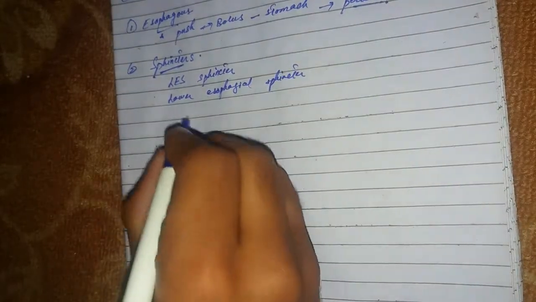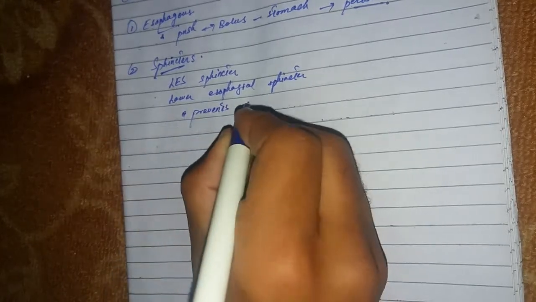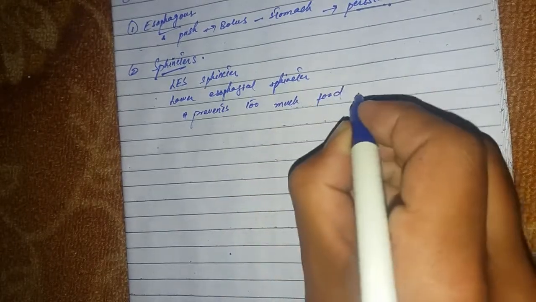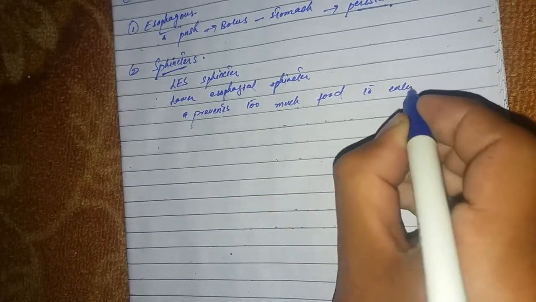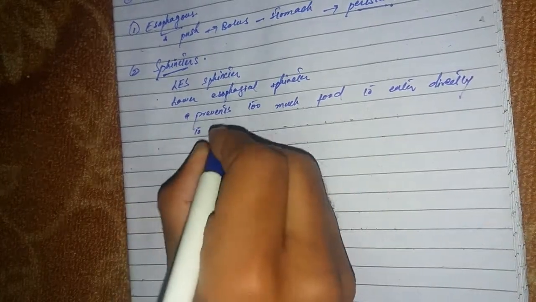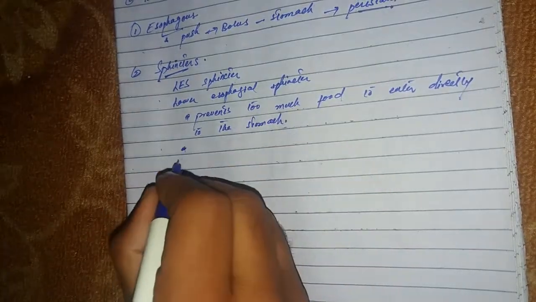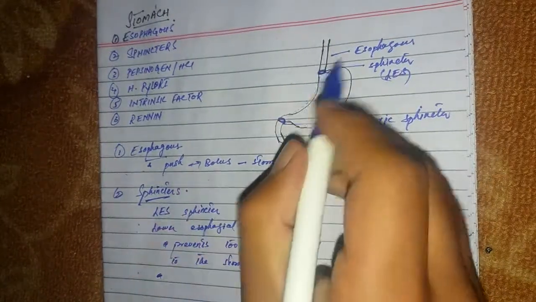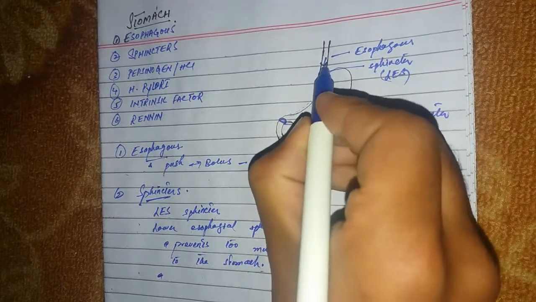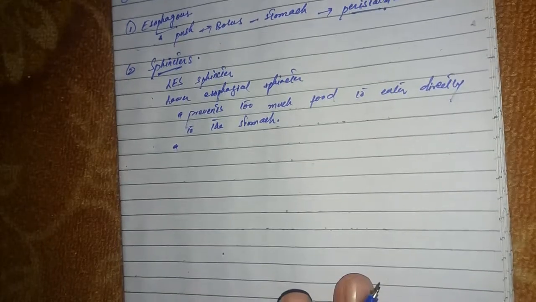It prevents too much food from entering directly into the stomach. This sphincter is known as the LES, and it prevents the food coming from the esophagus from entering directly into the stomach in bulk amount.